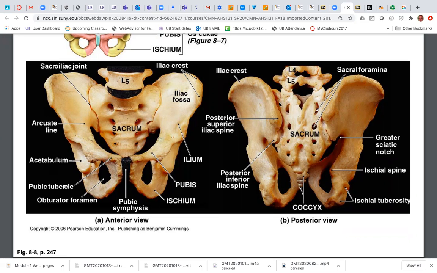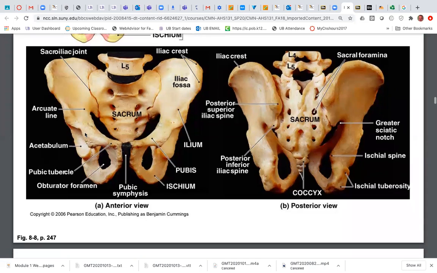Those dimples are the gap or space between the PSIS, or the iliac crest, and the sacrum. It's typically right here. It represents what we call the sacroiliac joint, the space between the sacrum and the ilium. And you can see the sacroiliac joint from the front. That's this joint here. All right, what else can we see?